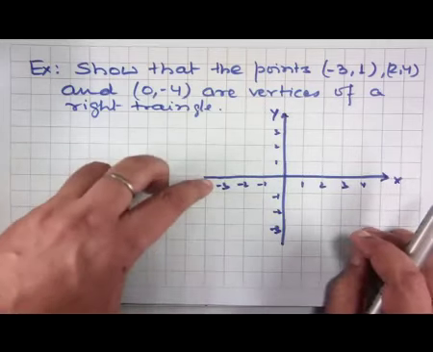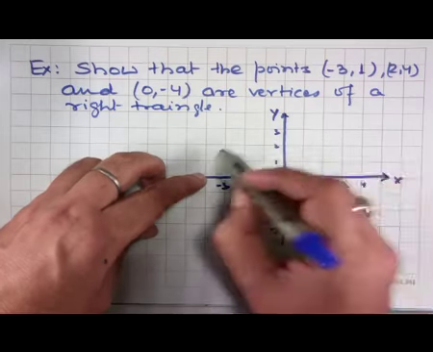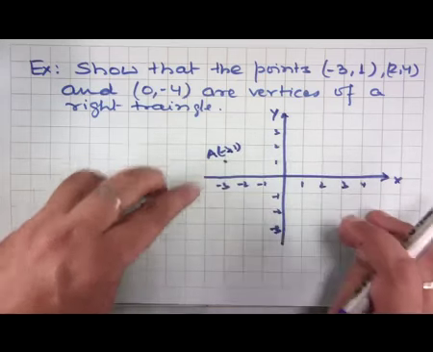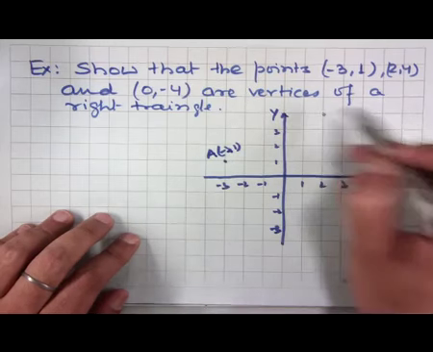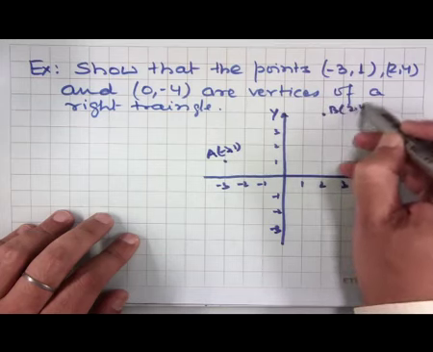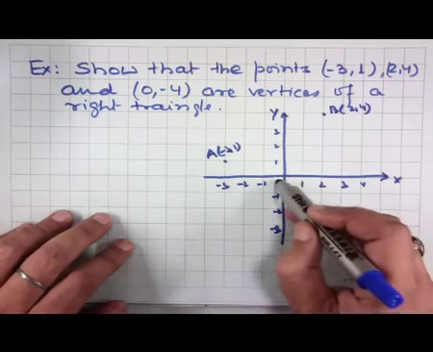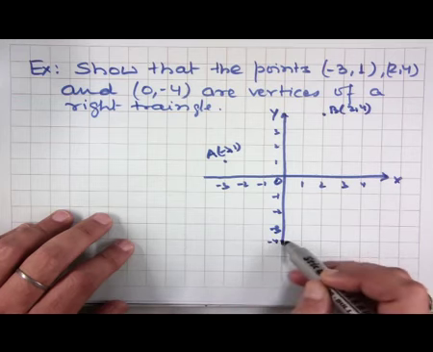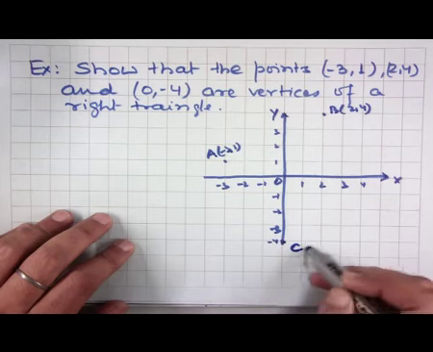So this point is, say, A (minus 3, 1), this point is B (2, 4), and this is C (0, minus 4).